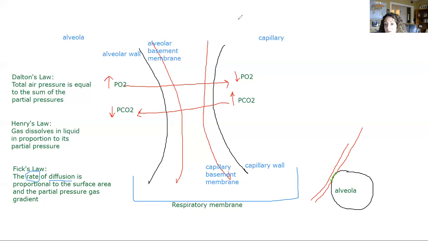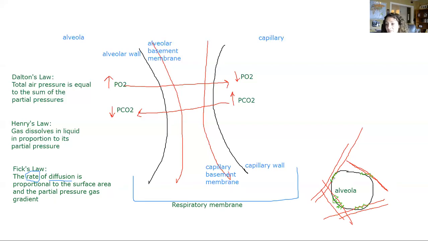So if we have a capillary here, and a capillary here, and a capillary here, we have more surface area devoted to respiratory membrane. Okay, the more surface area we have devoted to respiratory membrane, the faster the gas can diffuse. It's proportional. Higher surface area means higher diffusion rate.